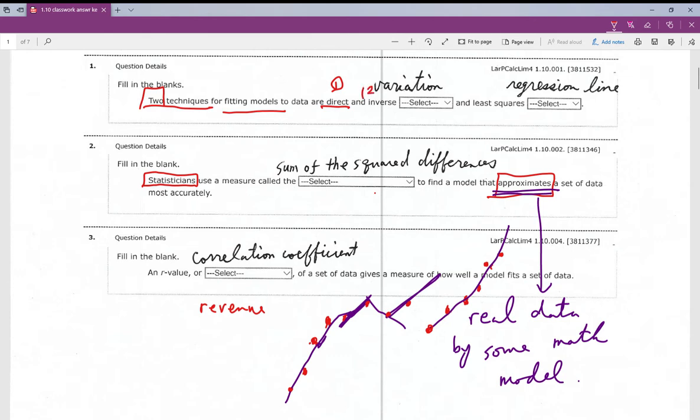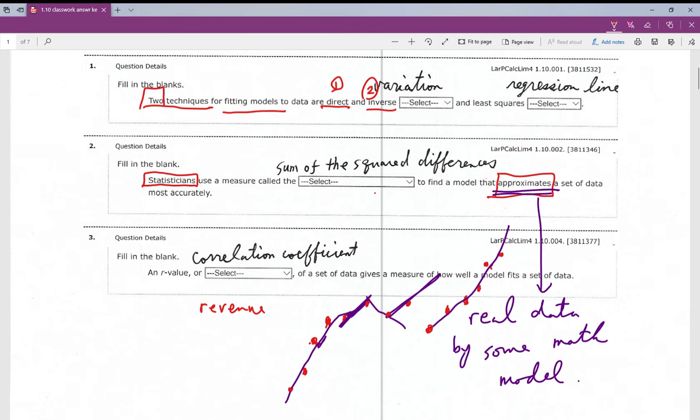Number two, inverse variation. So today we only talk about two simple, easy ones, and you use the mathematical model to approach the real-life data. We try to find this model very, very close to the real situation.